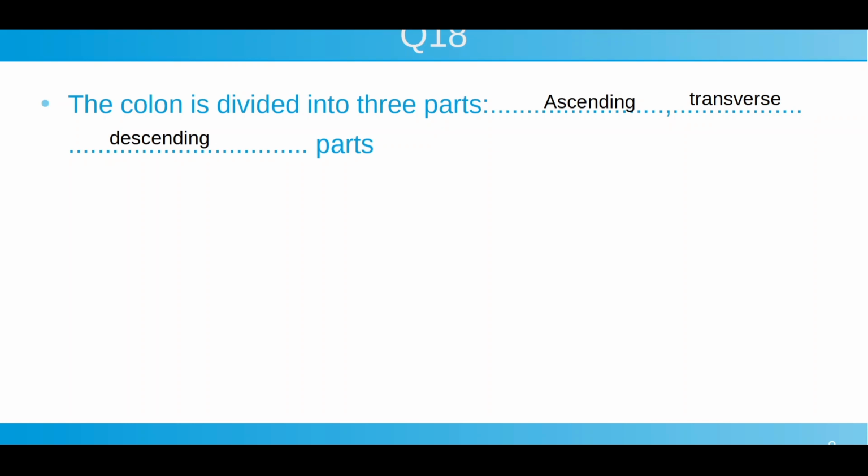Okay, ascending means the line is increasing in the upward direction. Transverse means it will form the horizontal. Descending means the line will decrease in the downward direction. First, the colon will go upward, then it will form the horizontal line, then it will come in the downward direction, that is the descending part.